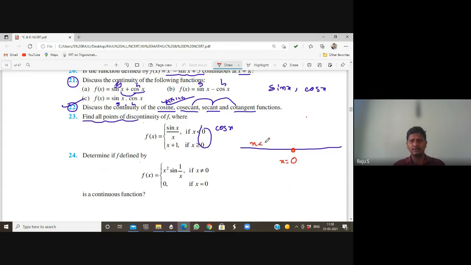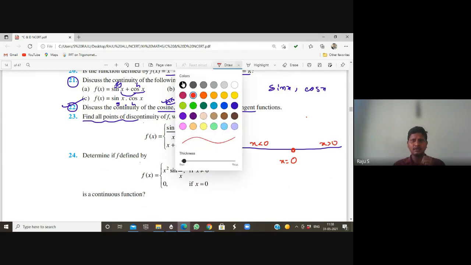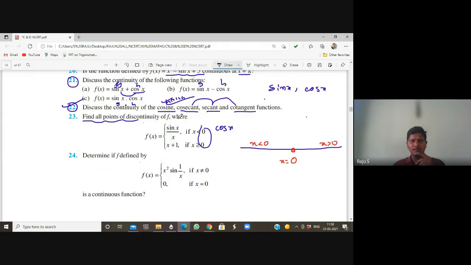This side is x lesser than 0, the right side is x greater than 0. When x is lesser than 0, the function value is sin x by x. Greater than 0 and equal to 0, the function value is x plus 1.